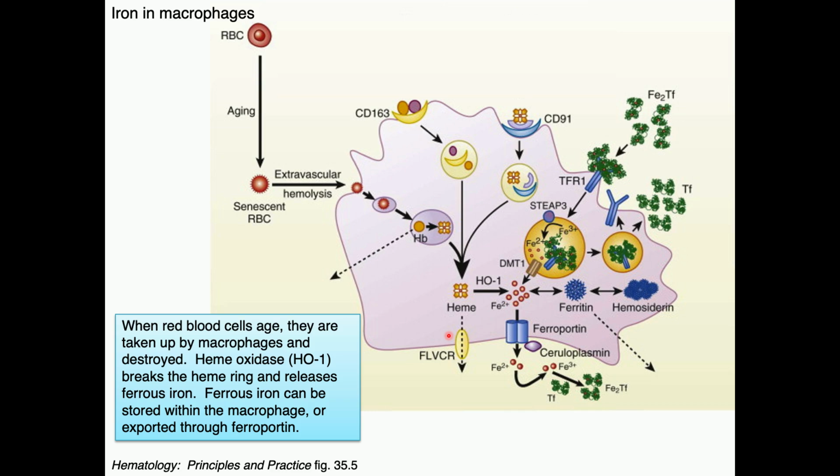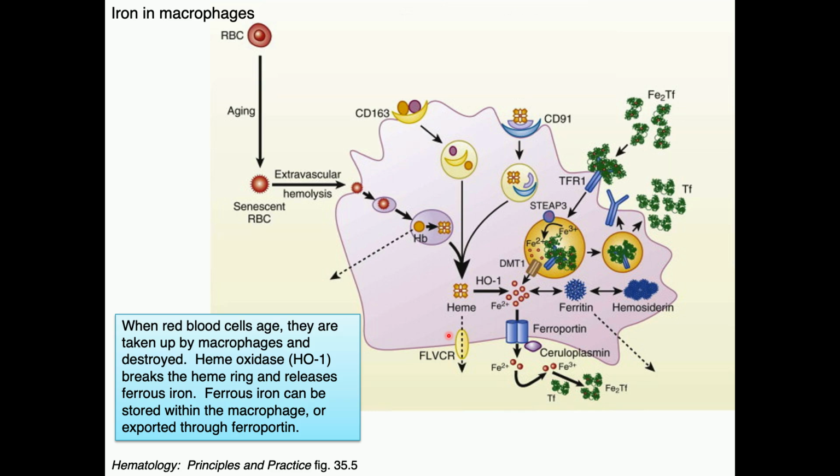So the macrophages will envelop and engulf an aged red blood cell, and then chew up the different constituent parts. The major protein part is hemoglobin, and that'll be digested down into amino acids, and those will join the amino acid pool in the macrophage, and then excess amino acids will be exported out into the blood.